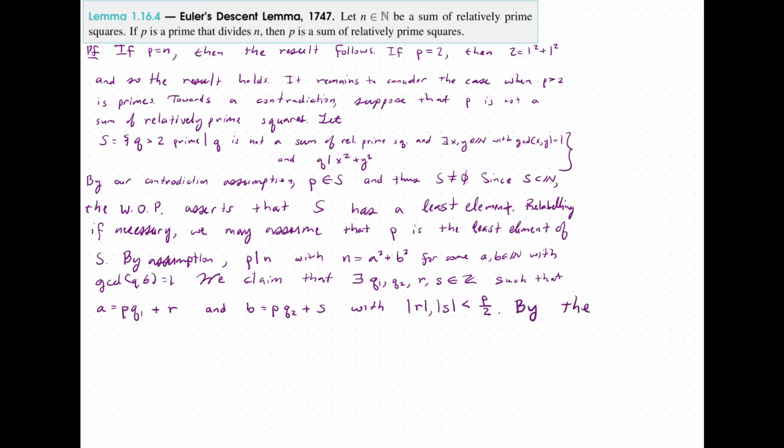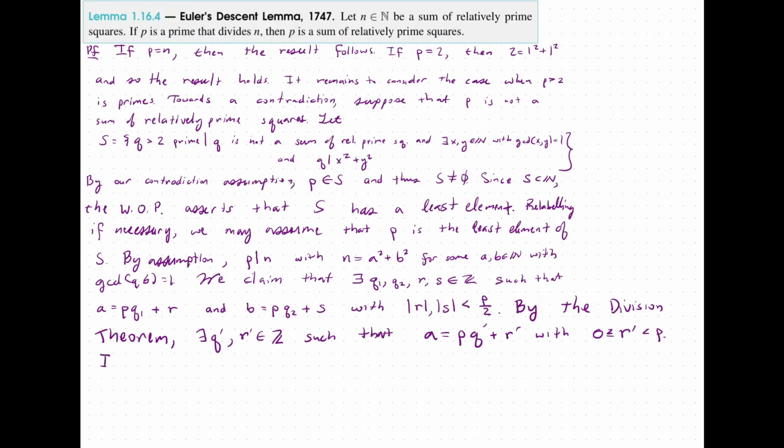So by the division theorem, there exists, let's go ahead and call it Q prime and R prime, integers, such that A is equal to P Q prime plus R prime, with 0 less than or equal to R prime, less than P. So that's by the division theorem.